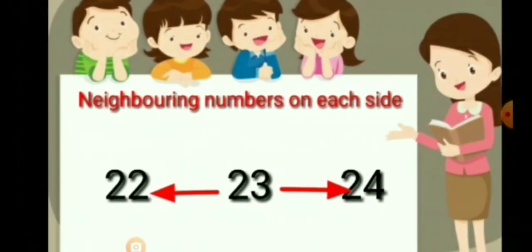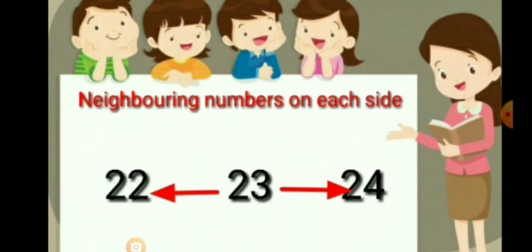Now let's understand what the neighboring numbers on each side are. The numbers here are 3 numbers arranged: 22, 23 and 24. Now let's take the middle number that we can see on the screen. So we see 23. What comes before 23? Yes, children, it is 22.